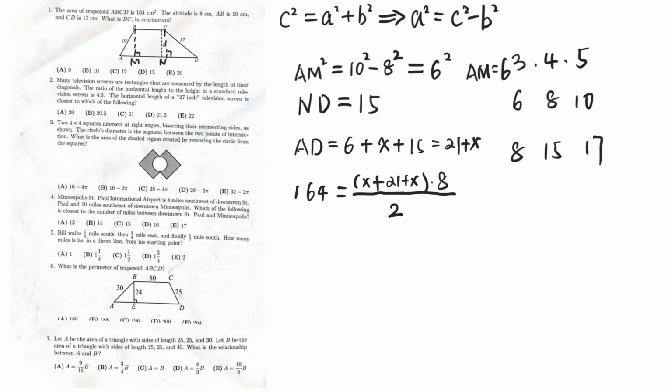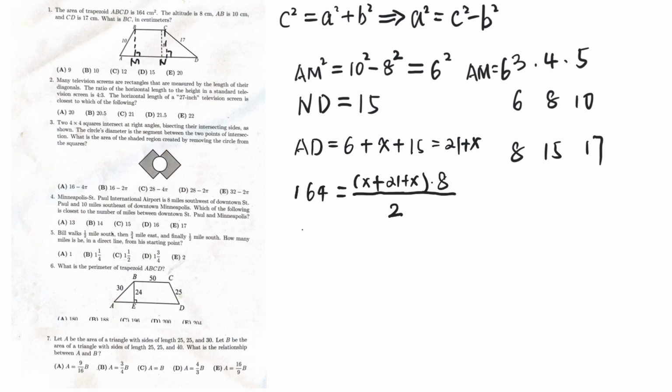The trapezoid area formula is base 1 plus base 2 times height divided by 2.